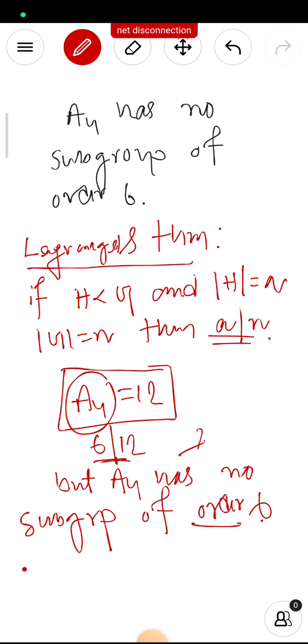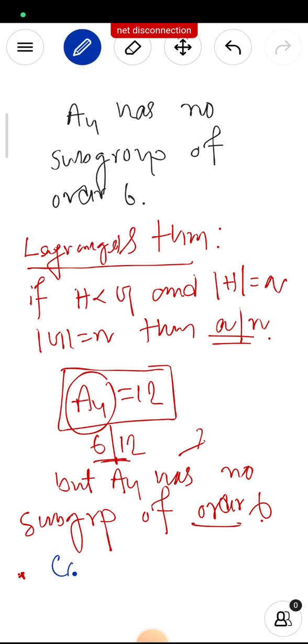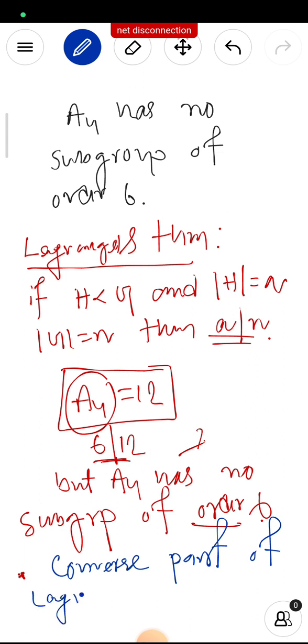So our observation is that the converse part of Lagrange's theorem is not true.